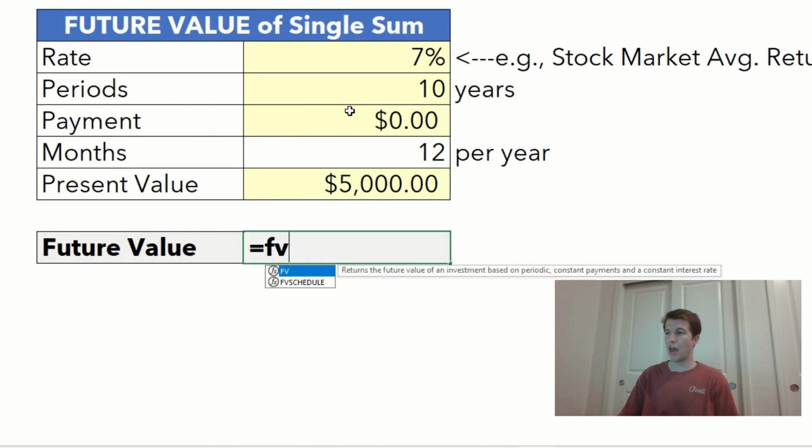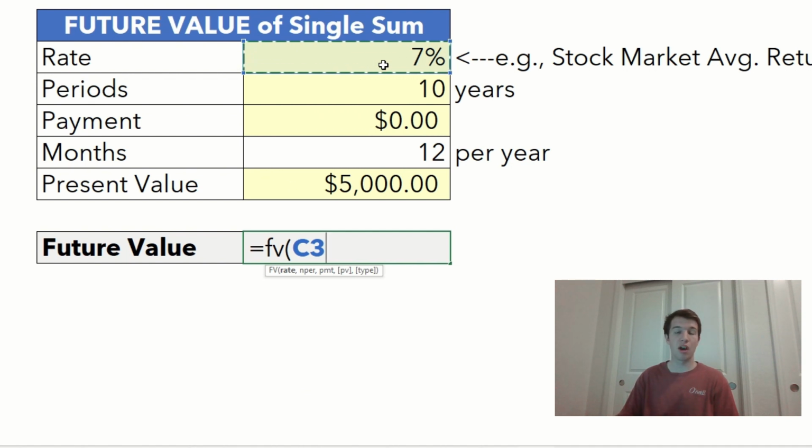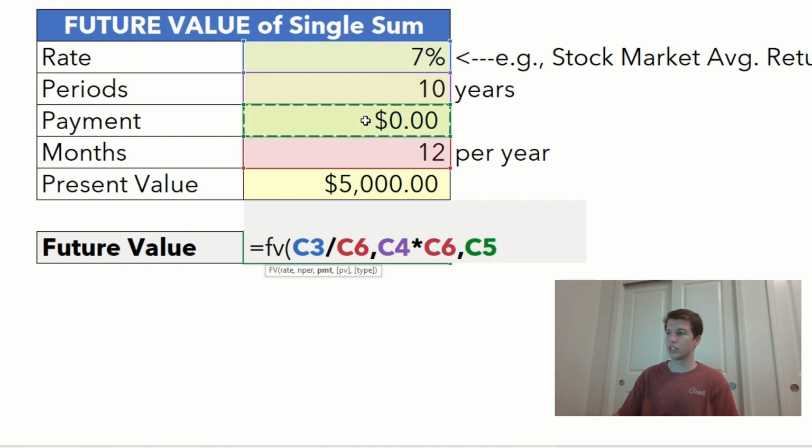So, we're going to do FV, future value, and then we're going to select the rate. And since it's going to be compounding monthly, we're going to want that rate divided by 12. Then we're going to do the number of periods where we'll be investing, which is 120 months, which is 10 times 12. And then we want to do our payments, which is 0.